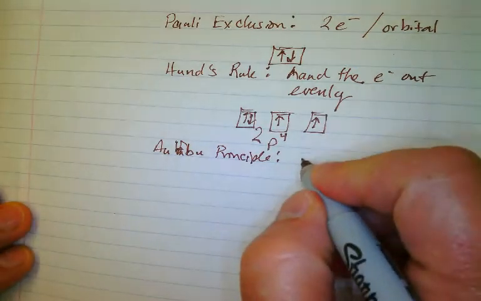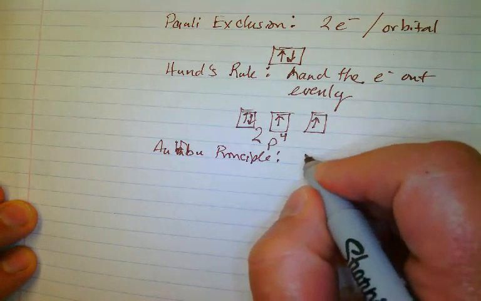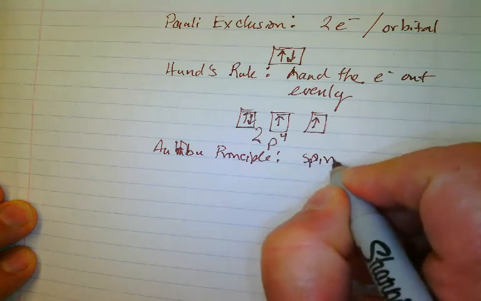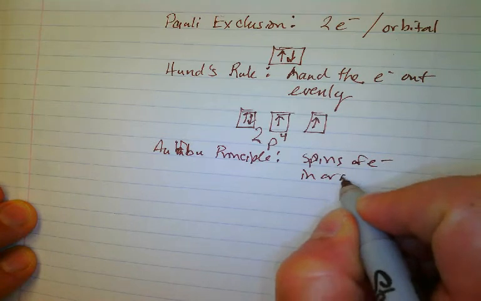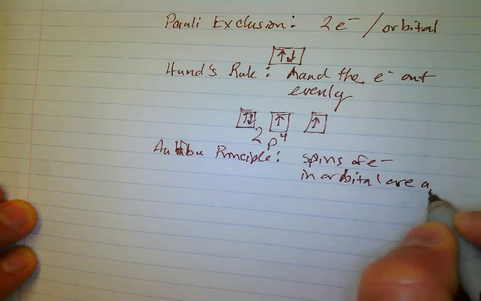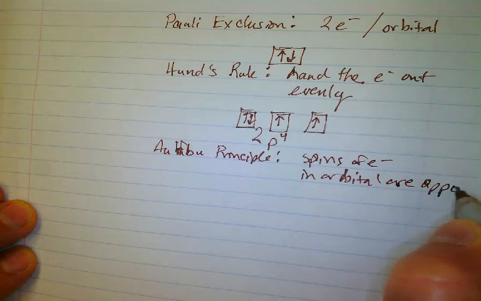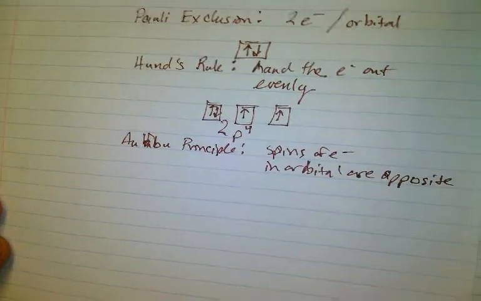So this says that your arrows are going to go opposite directions. The spins of the electrons in the orbital are opposite.